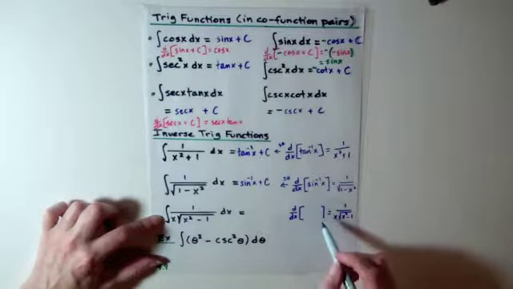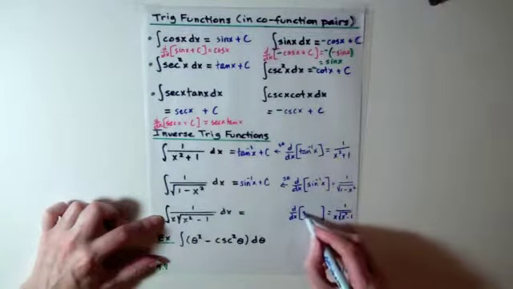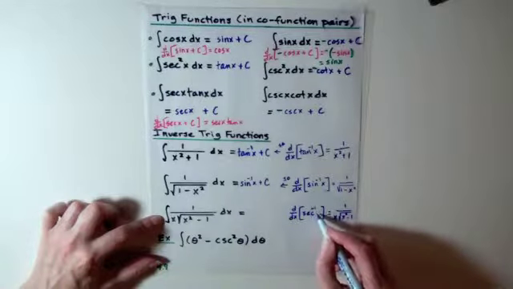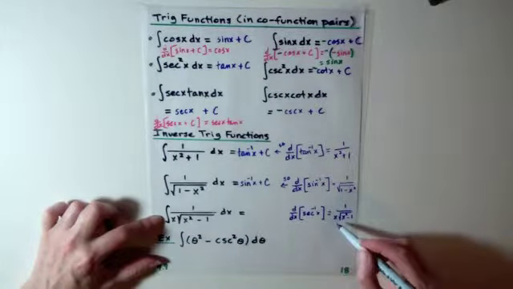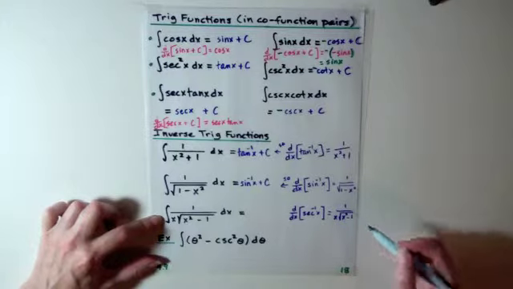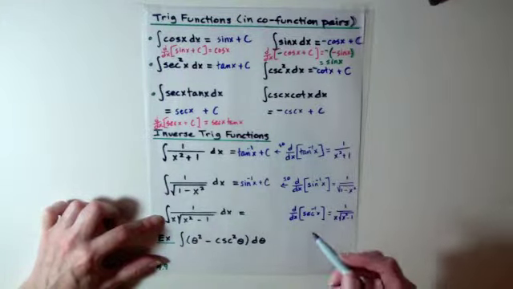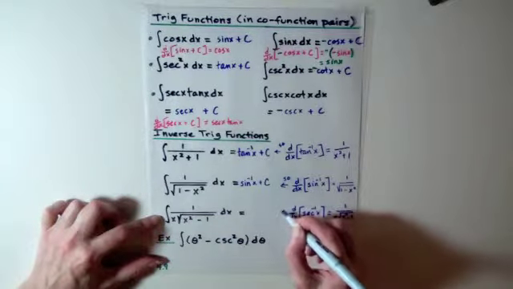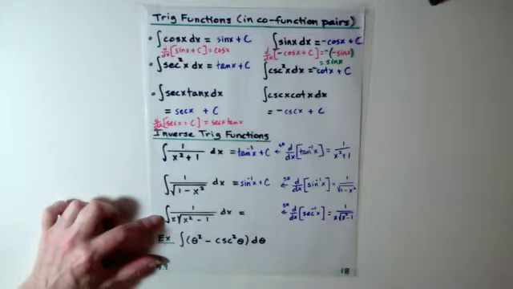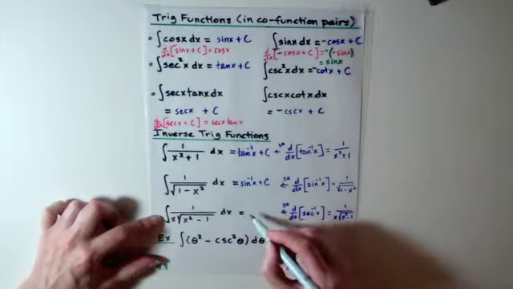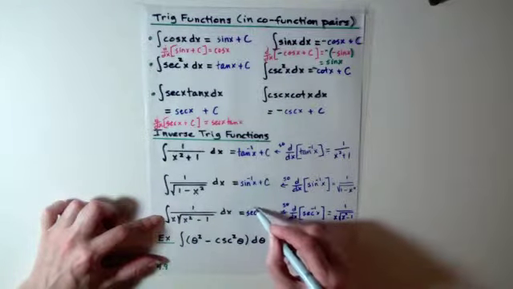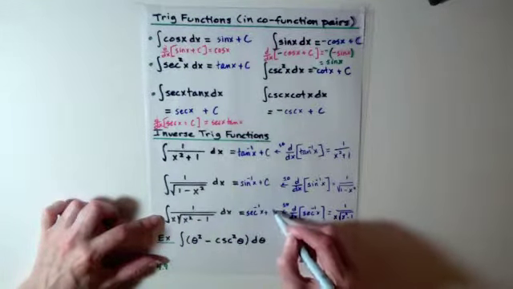The derivative of the inverse secant of x turns out to be 1 over x root x squared minus 1. That was one of our formulas from our derivative chapter, and that gives us a new formula for integrals. So the integral of all this stuff is the inverse secant x plus c.